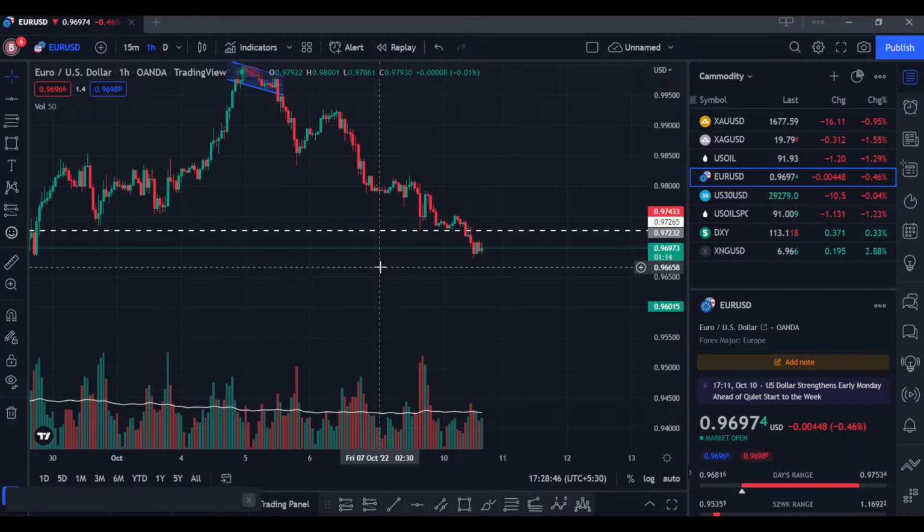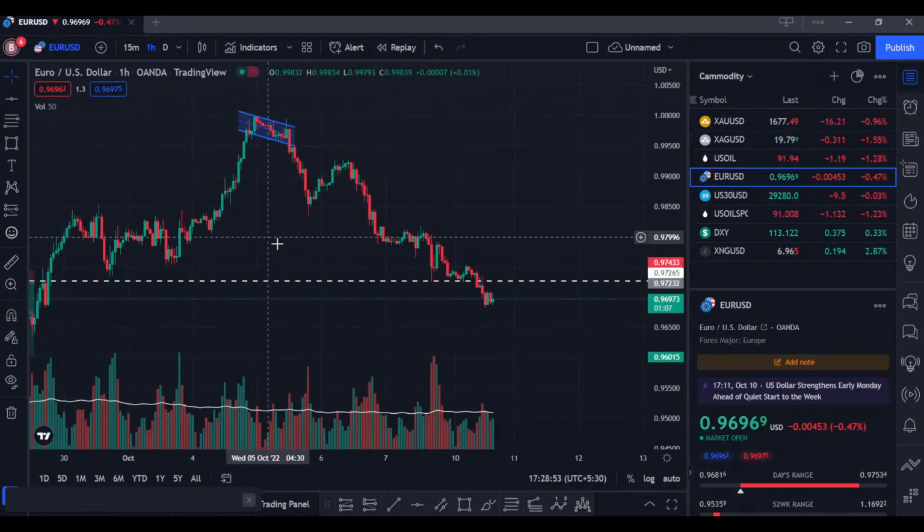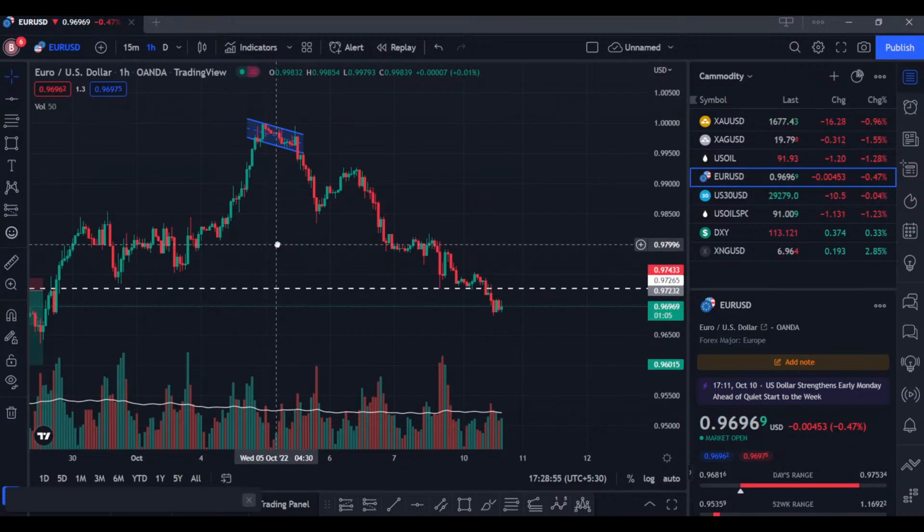One candle cannot resist the market. So always before placing your trade, check the supply, demand, resistance and support zones. After getting a signal in that zone, take the trade. Without that, don't take a trade, because resistance resists the market and support supports the market.